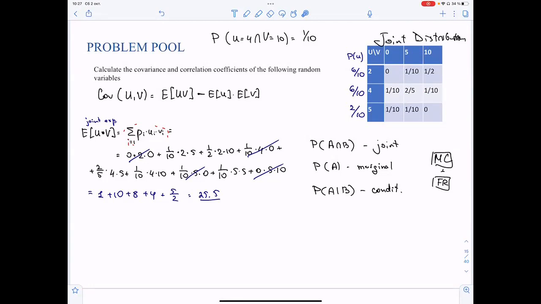Look, unfortunately, we have not checked whether this joint distribution satisfies the prerequisites of the distribution.